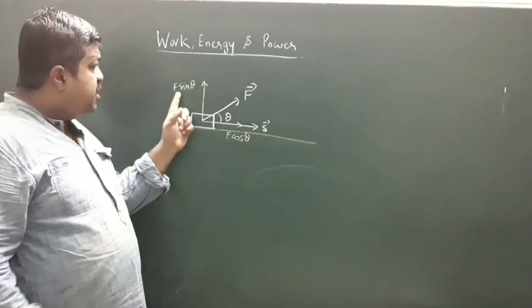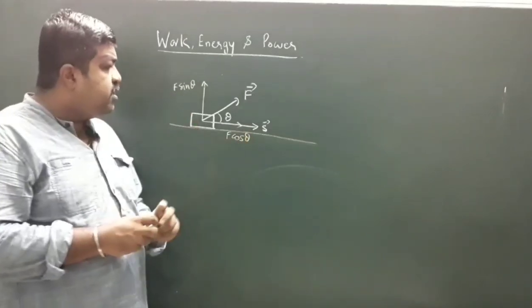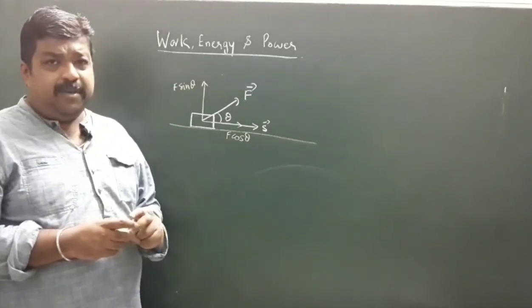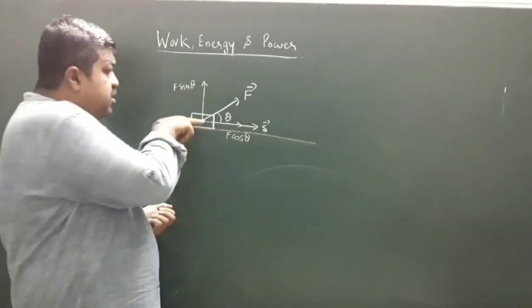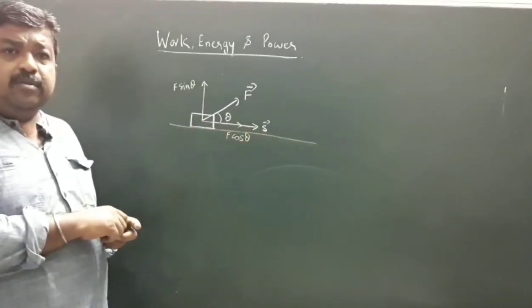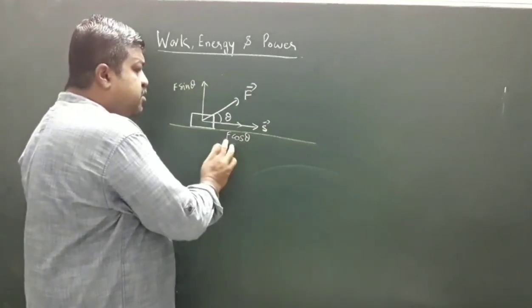Now F sin theta is the component of force perpendicular to displacement, F cos theta is the component of force parallel to displacement. Now displacement is taking place in this direction. So that means this force is responsible for displacement.